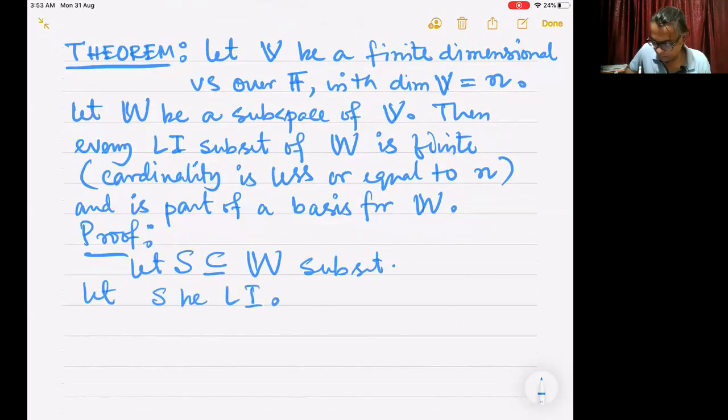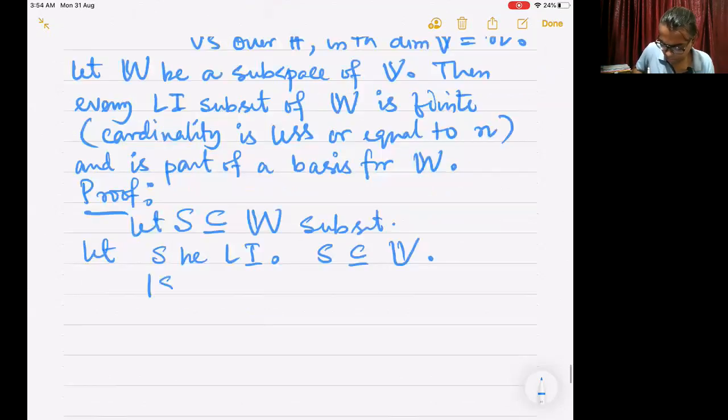Of course, S is a subset of V also because it's a subset of W and W is a subset of V. So then by the earlier theorem in the first module of this lecture, we know that cardinality of S must be less than or equal to dimension of V, which is n. Whatever is the dimension, it's a generating set. So it has a basis with n elements. So if S has to be linearly independent, then S had better have less than or equal to n elements. It cannot have more than n elements. In that case, it cannot be linearly independent. Okay.